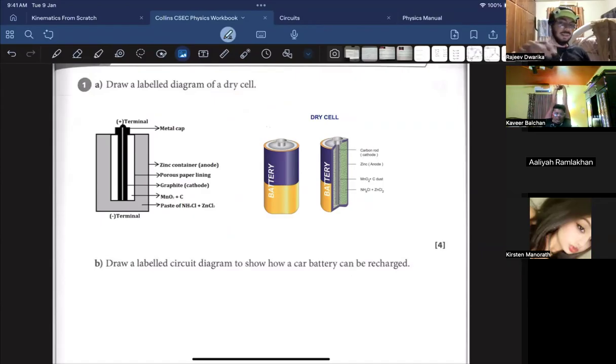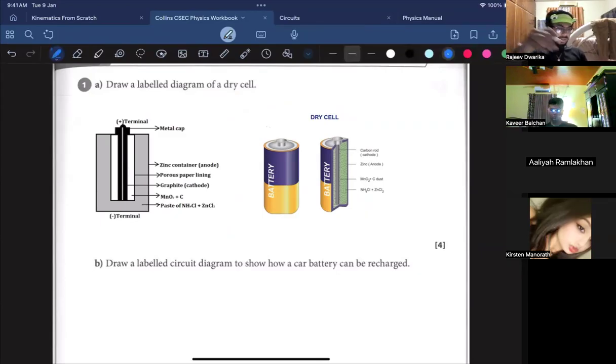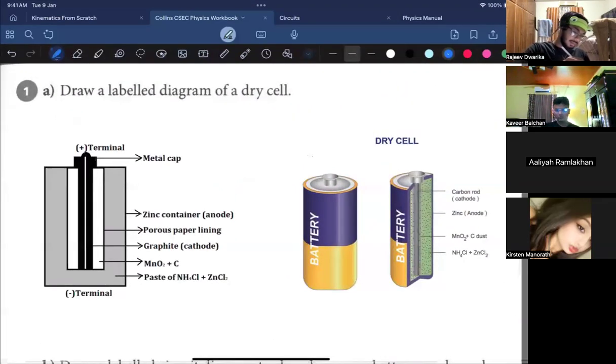Wet cell batteries are like the batteries you have in your phone. They can be recharged. But I think that's beyond the scope; it's not listed in the syllabus, at least. So a dry cell is a simple battery that cannot be charged.